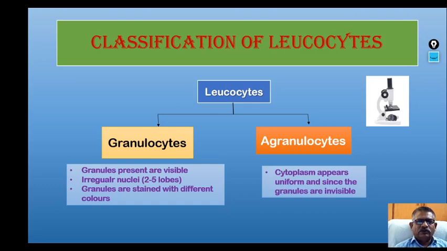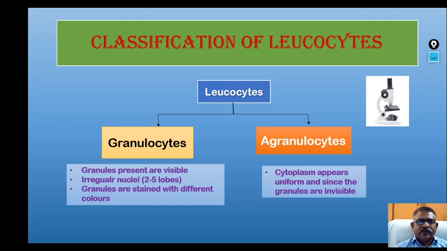Based on the presence of visible granules in the cytoplasm, they are classified into two groups as granulocytes and agranulocytes.